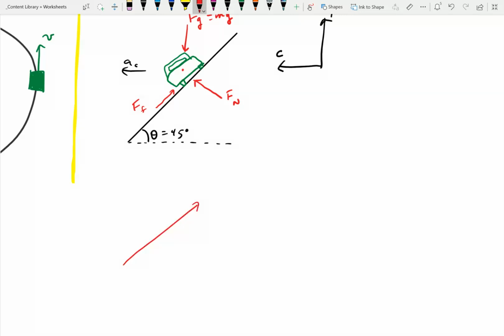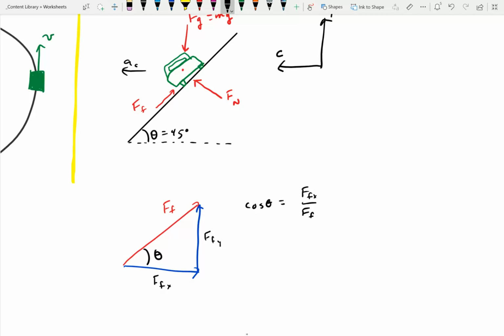So here's my force of friction. And my component directions are this and this. Now the question is, which angle do I know? I know this angle. And so the force of friction in the x direction, force of friction in the y direction. The adjacent side is the force of friction in the x. So cosine theta is equal to the adjacent, force of friction x, over the hypotenuse, force of friction.